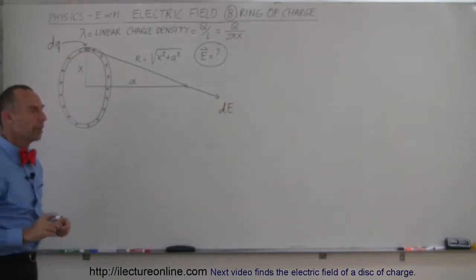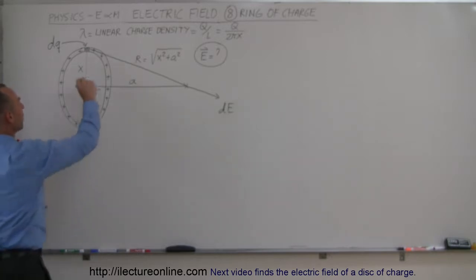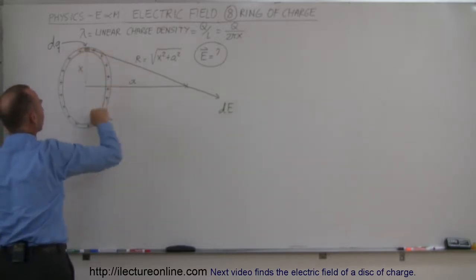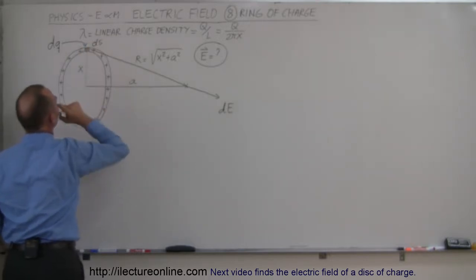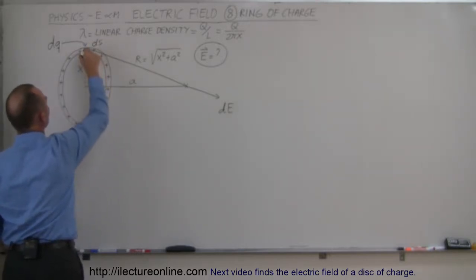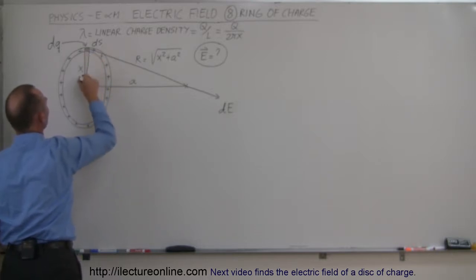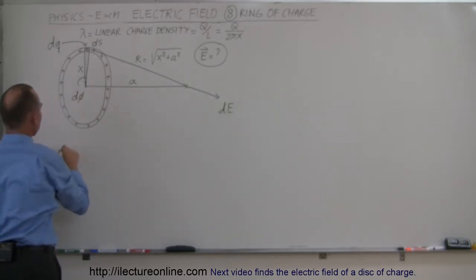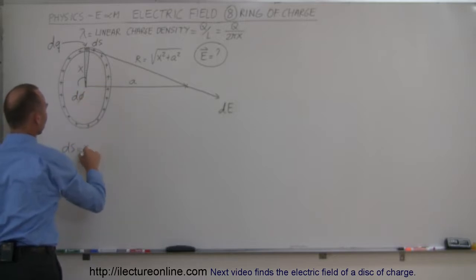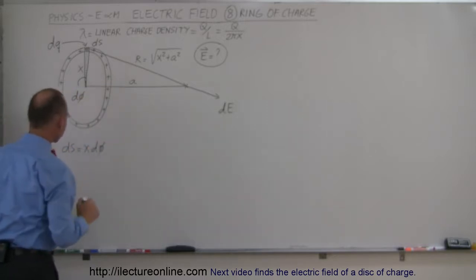Now, this is a small little length on the circle right there, so we can call the length here equal to ds. And then if we think about that, we can say that this subtends a small little angle. We'll call this angle right here d phi, and therefore we can write that ds is equal to the radius, which is x times d phi.